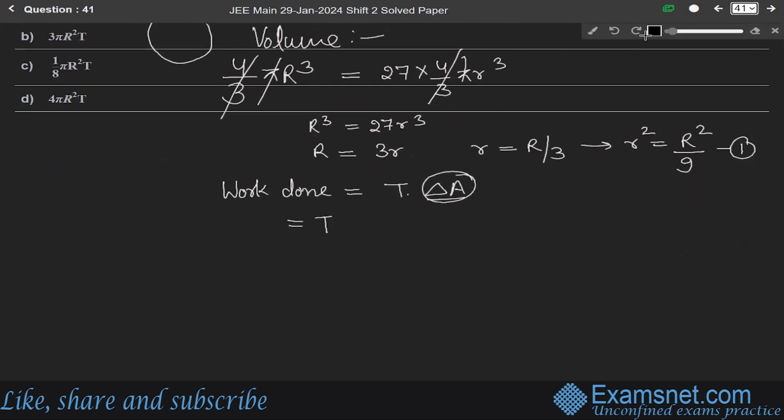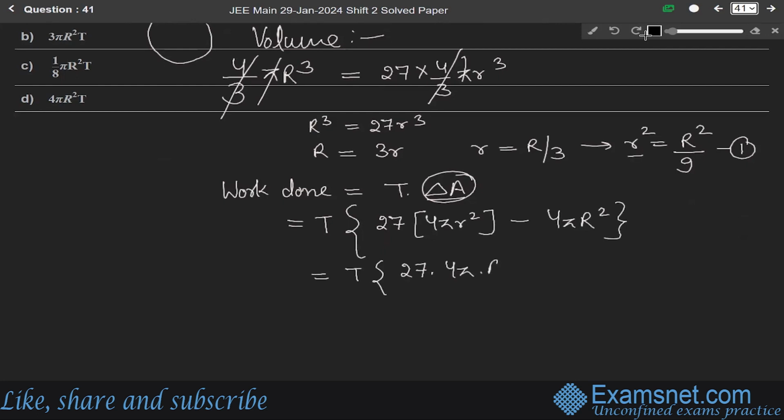So taking T as common, delta A is 27 times 4 pi r square, since it is a sphere, minus 4 pi capital R square. It will be equal to T into 27 into 4 pi, small r square which is capital R square over 9, minus 4 pi capital R square.